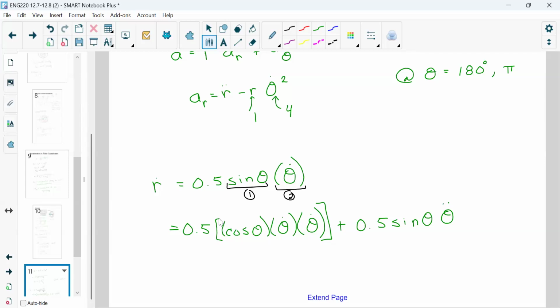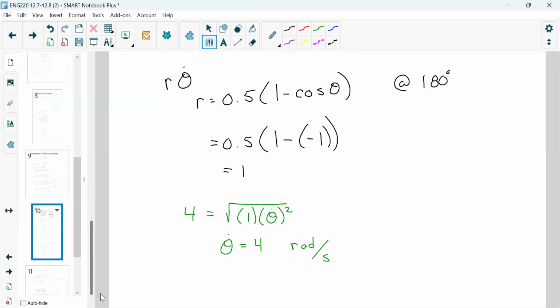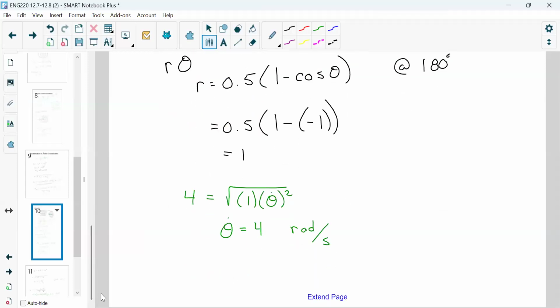Okay, and I probably should have written that out. Can I walk away from this slide just for a moment? So our R, the R here, is gonna be meters. Hang on, let me think. Meters per radian.